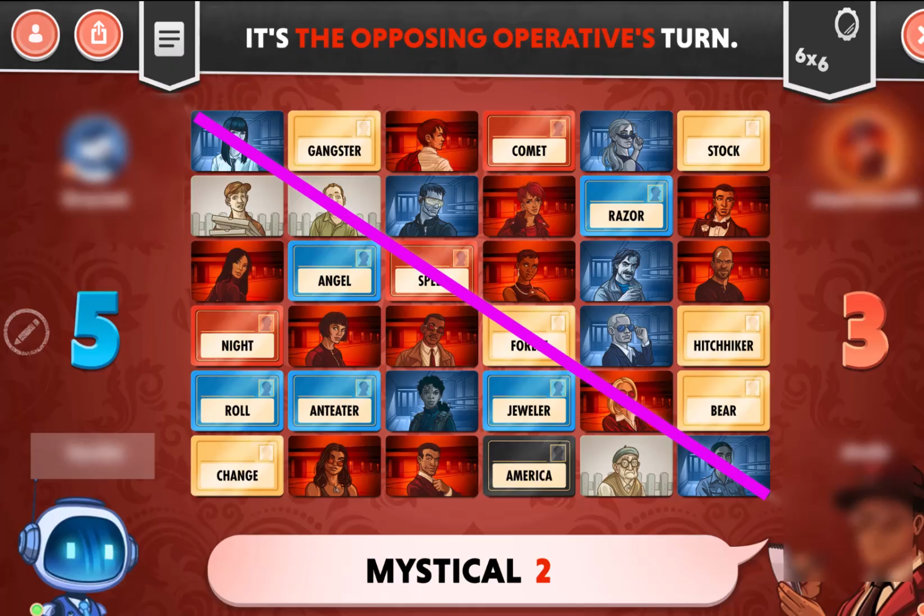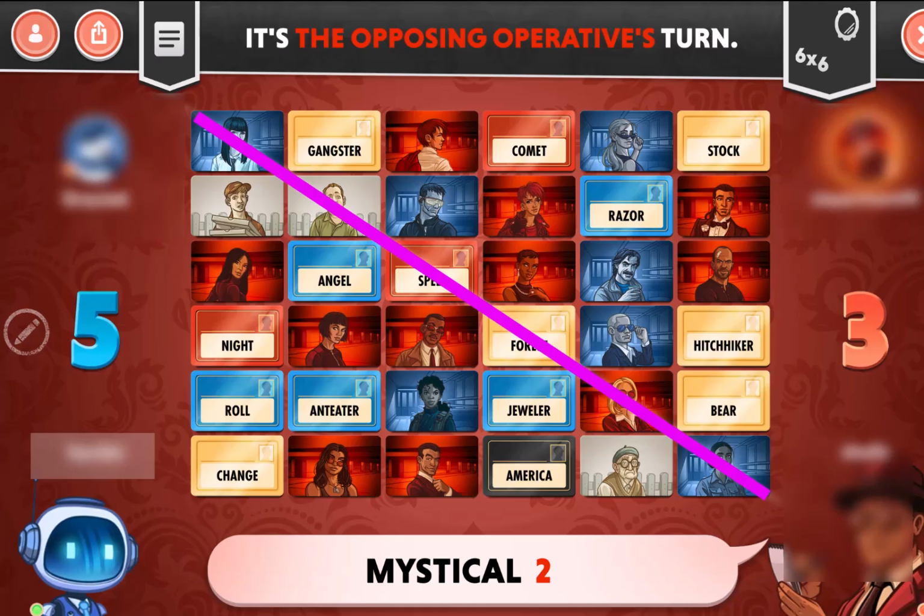So now that we know that the pink axis of symmetry is the one that we're going to be using for the rest of this game, it's time to look at what information we already have about our relationship and what we already know about our pairs along this axis.